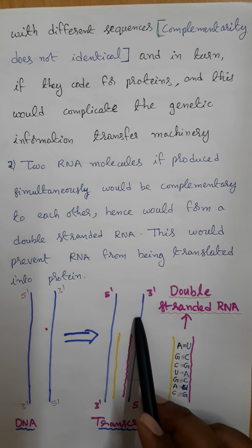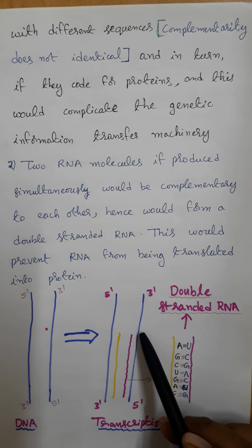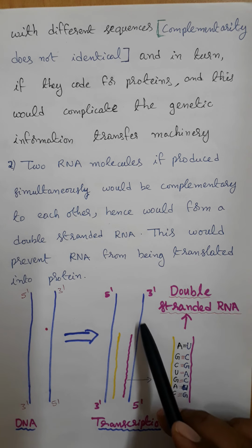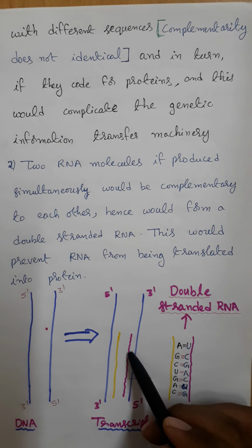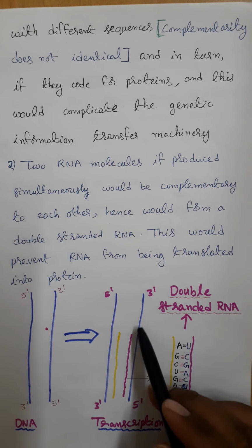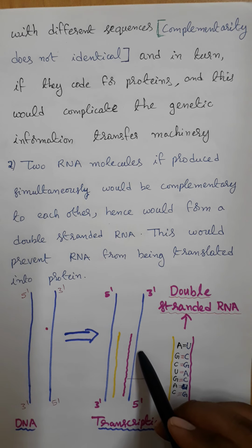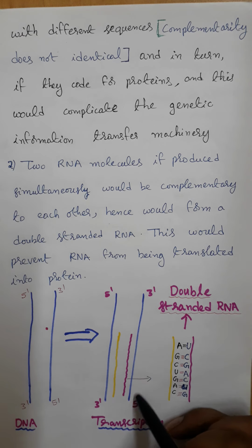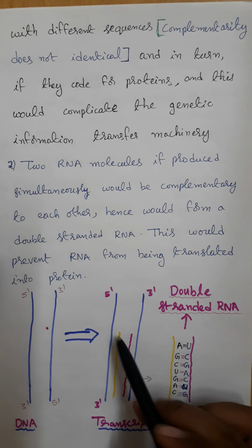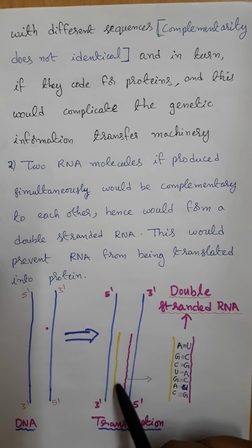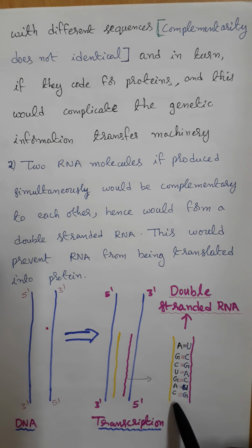Okay, here generally the strand with polarity 3 prime 5 prime is involved in synthesis of RNA molecule. Not a complete strand, a small segment of the 3 prime 5 prime strand of DNA molecule is involved in synthesis of RNA generally.